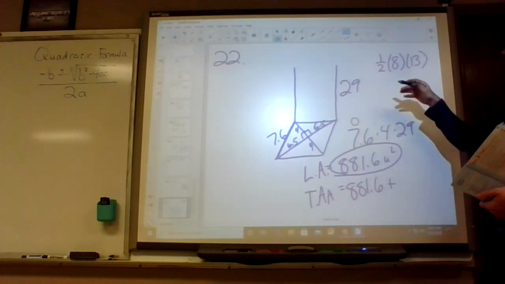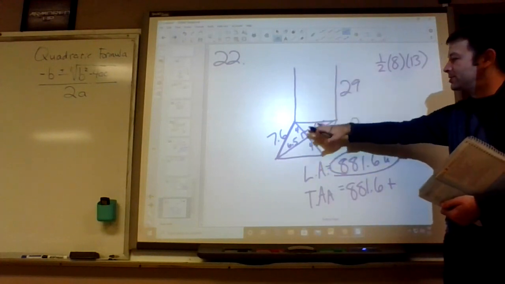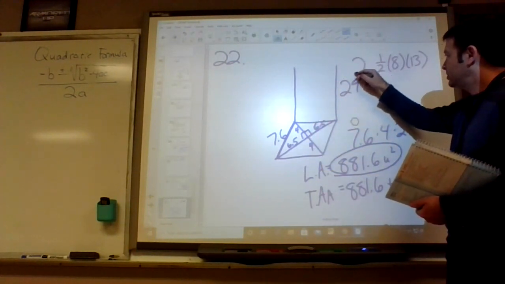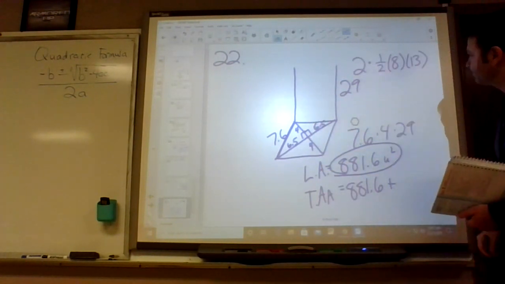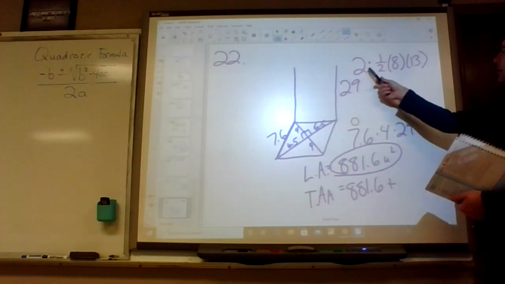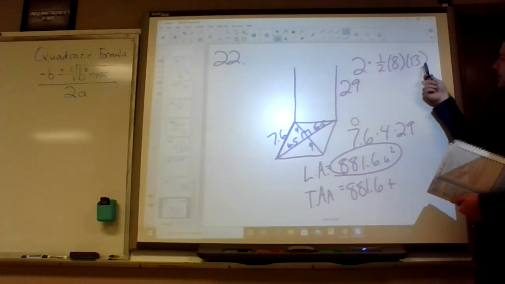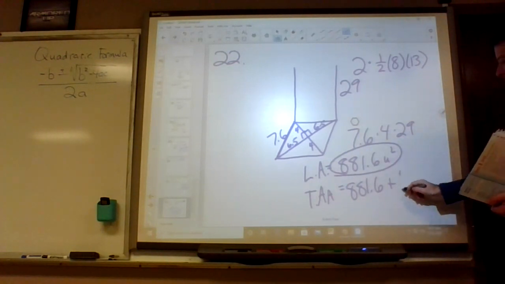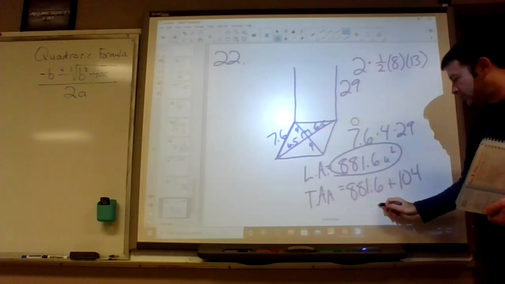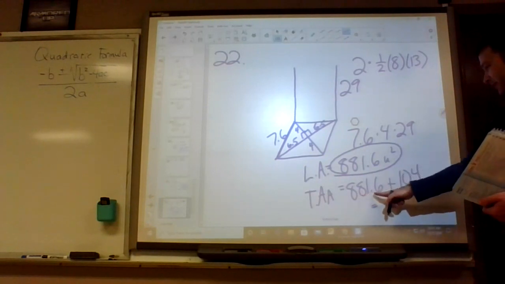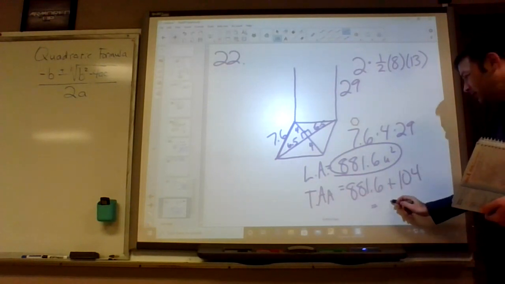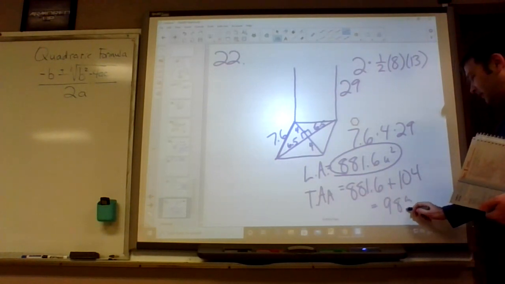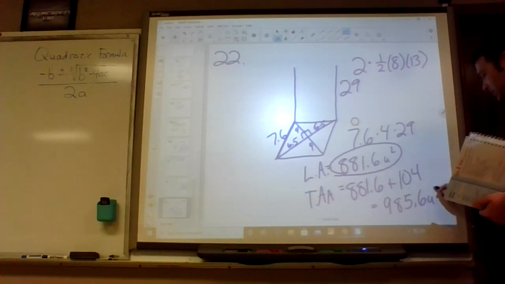But since there's 2 bases, a rhombus on top and bottom, you can do 2 times that. So basically those cancel out. 8 times 13 is 104. Equals grand total of 985.6.